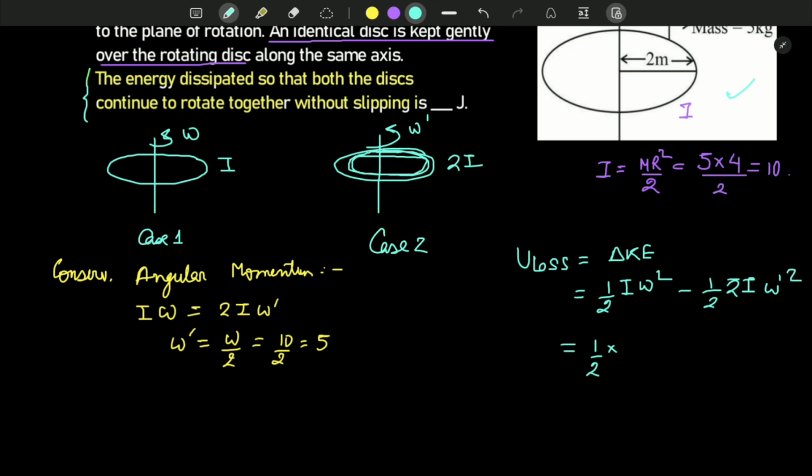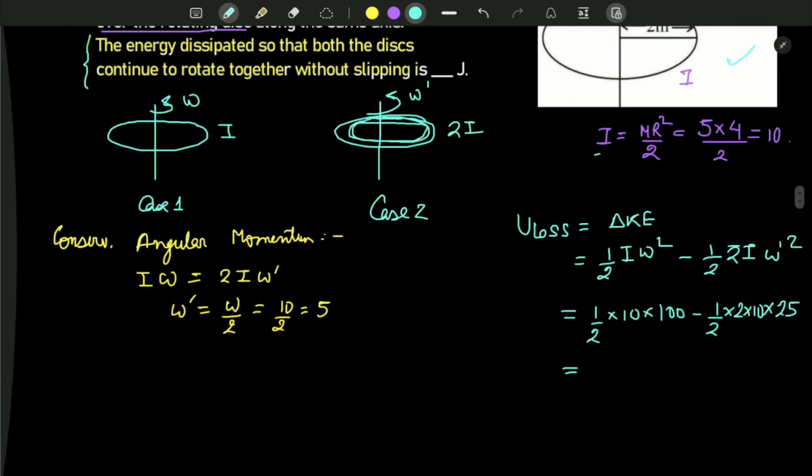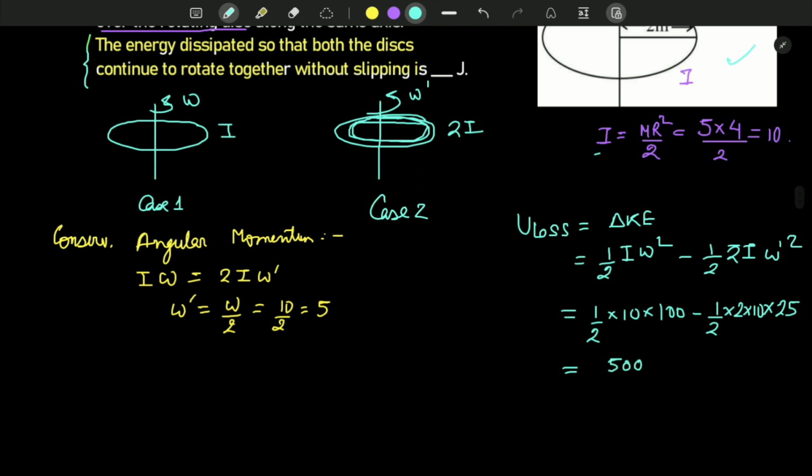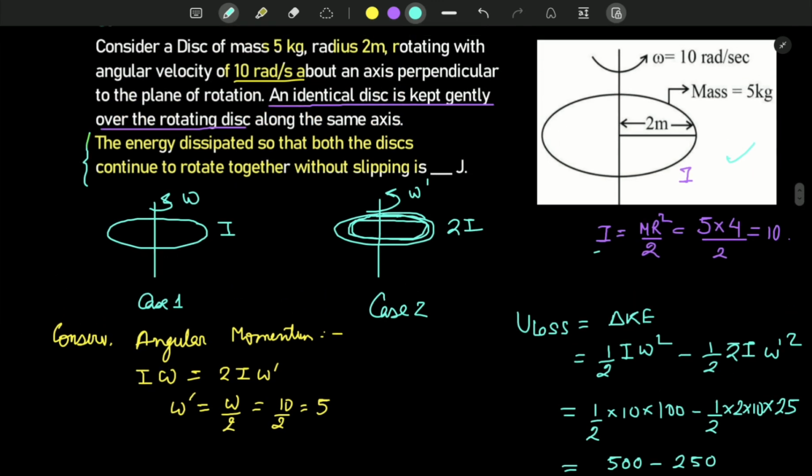So half I is 10, I found out I, and omega square, omega was 10 in the first case, so 100, minus half into 2 into 10, 2I, into omega dash is 5, so 5 square is 25. So ultimately here I will get 500 joules, and in the second case it is 250. So ultimately 250 joules is the energy loss. So the final answer to our question will be 250 joules.